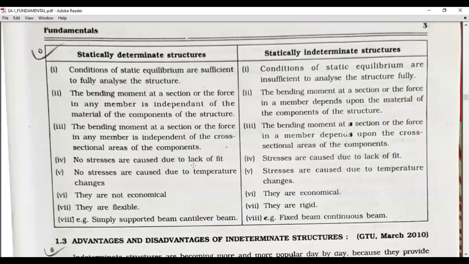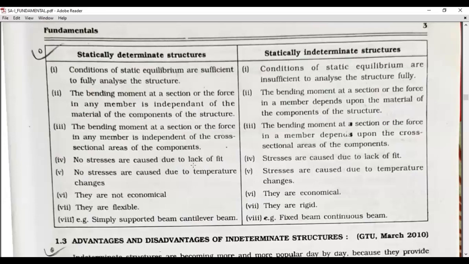Also, in a determinate structure the bending moment at a section or the force in any member is independent of the cross-section area of the component, and in an indeterminate structure these are dependent upon the cross-section area. No stresses are caused due to lack of fit; stresses are caused due to lack of fit.